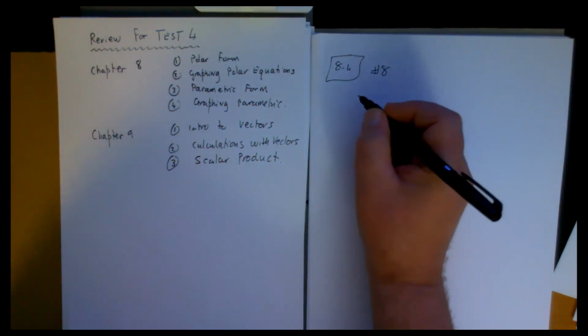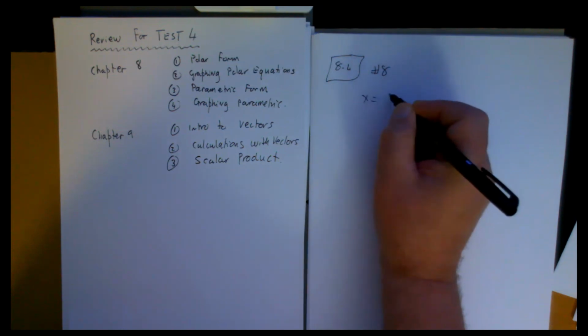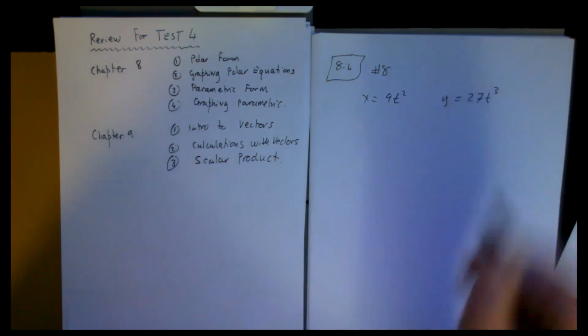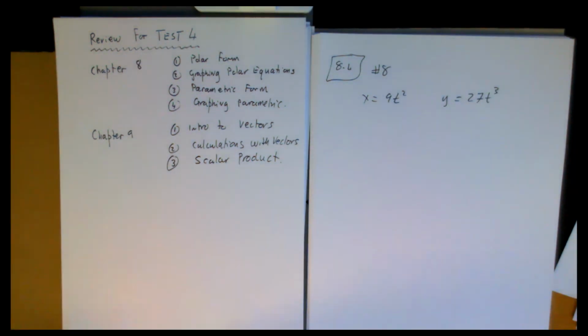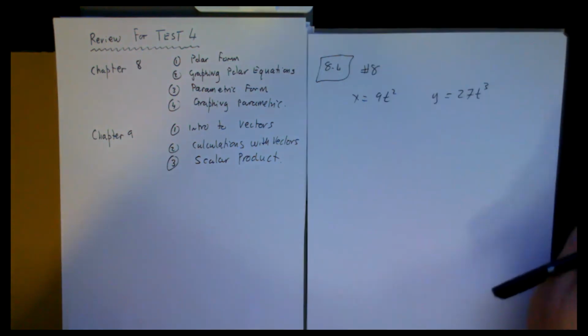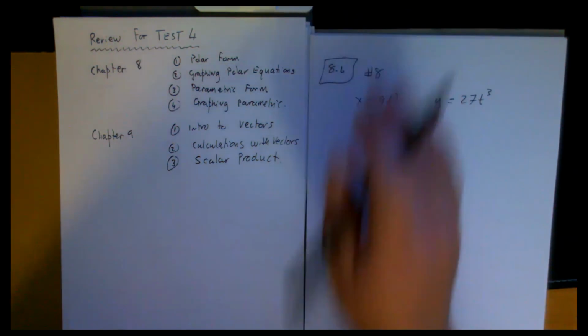It was x equals 9t squared and then y equals 27t cubed, and I thought I was just going to do the whole substitution, and then I had to look at the answer, and it was not what I did.